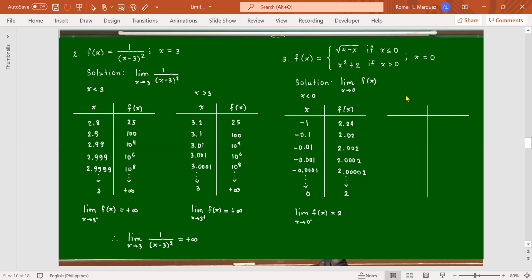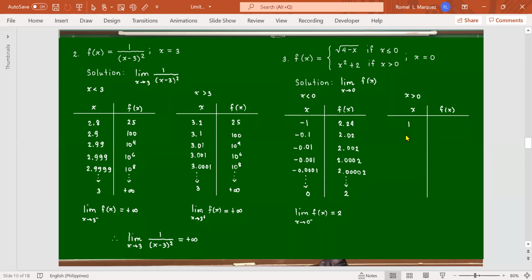So what about if x is to the right of 0? Let us assign values to x. Positive 1. Let's start with positive 1.